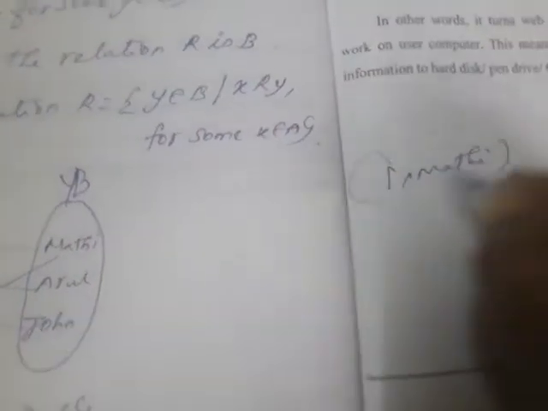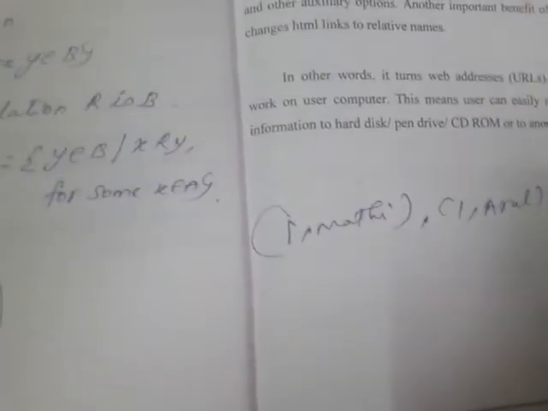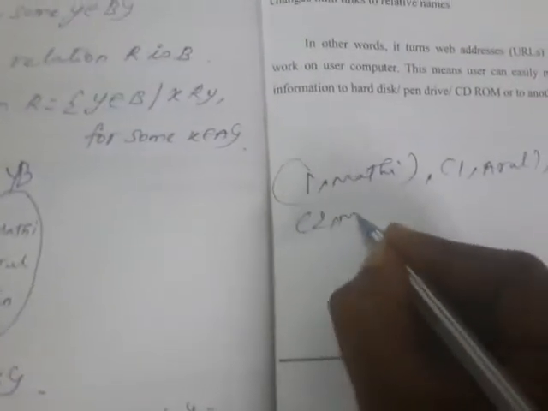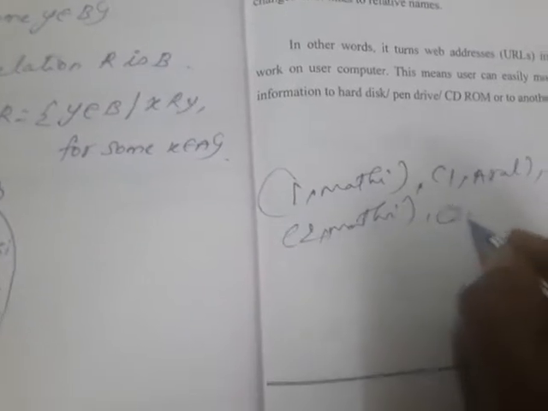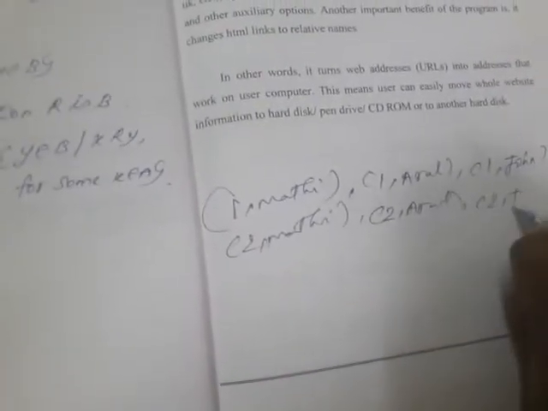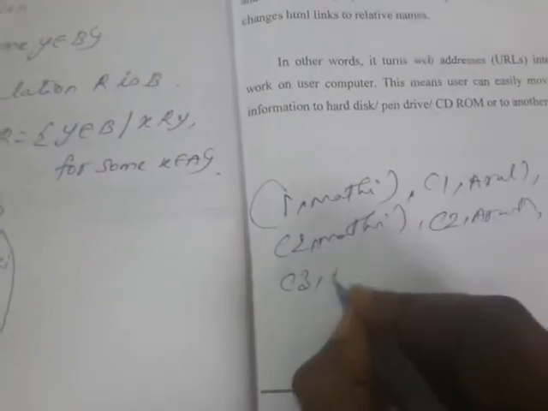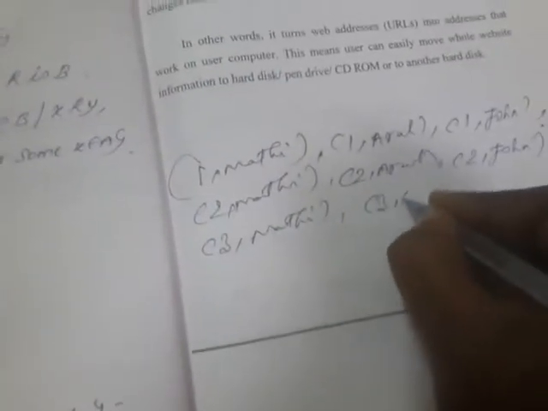Next (2, Madhi), (2, Arul), (2, John). (3, Madhi), (3, Arul), (3, John).